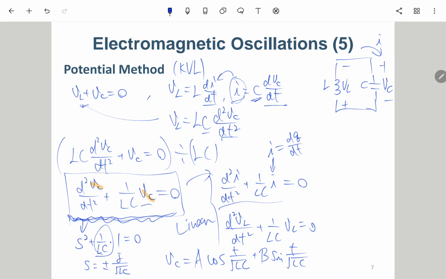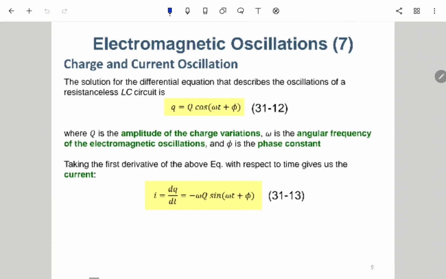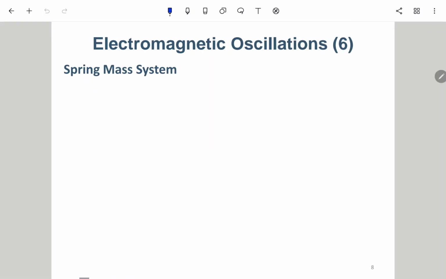The general expression will be like this. But usually the textbook will only write out a cosine or a sine, with a phase.